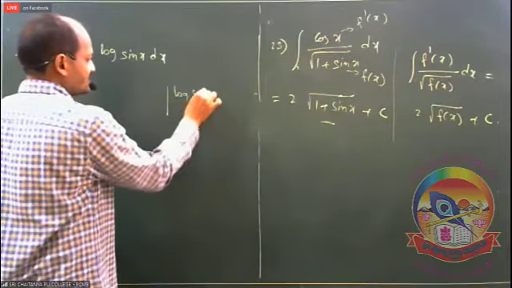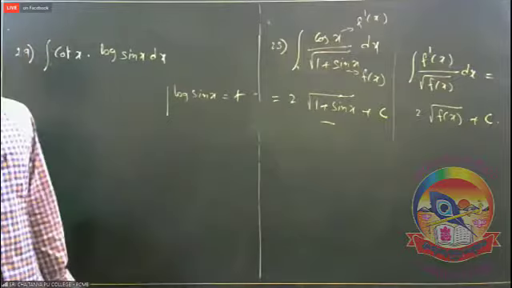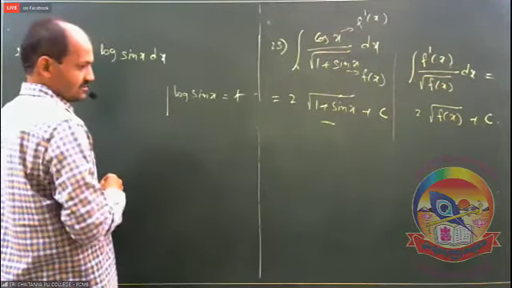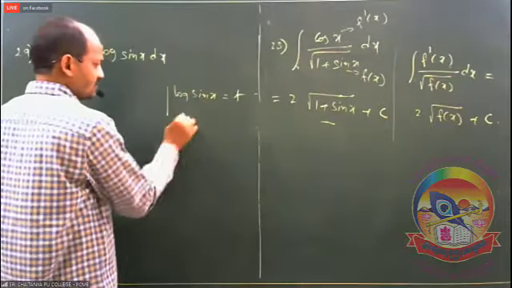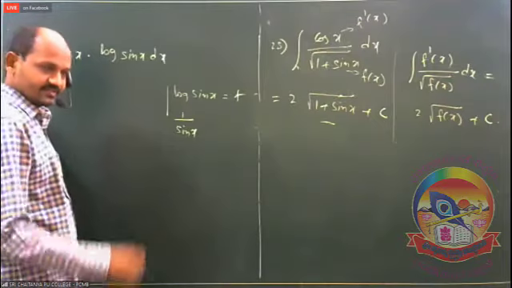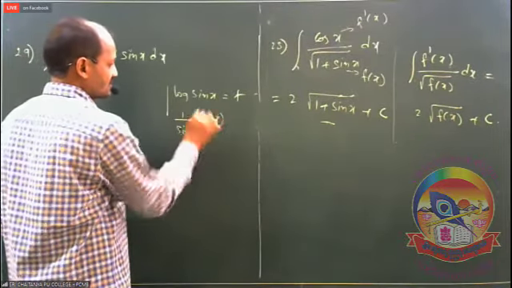Log sin x is equal to t. What about the derivative of log x? 1 by x. But it is log sin x, so the derivative of log of sin x is 1 by sin x into the derivative of sin, that is cos x.